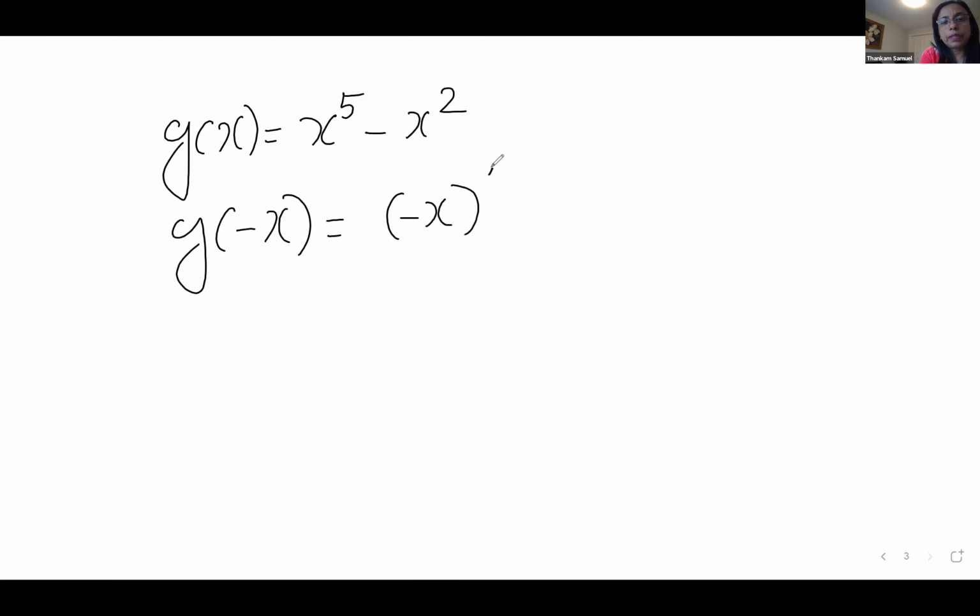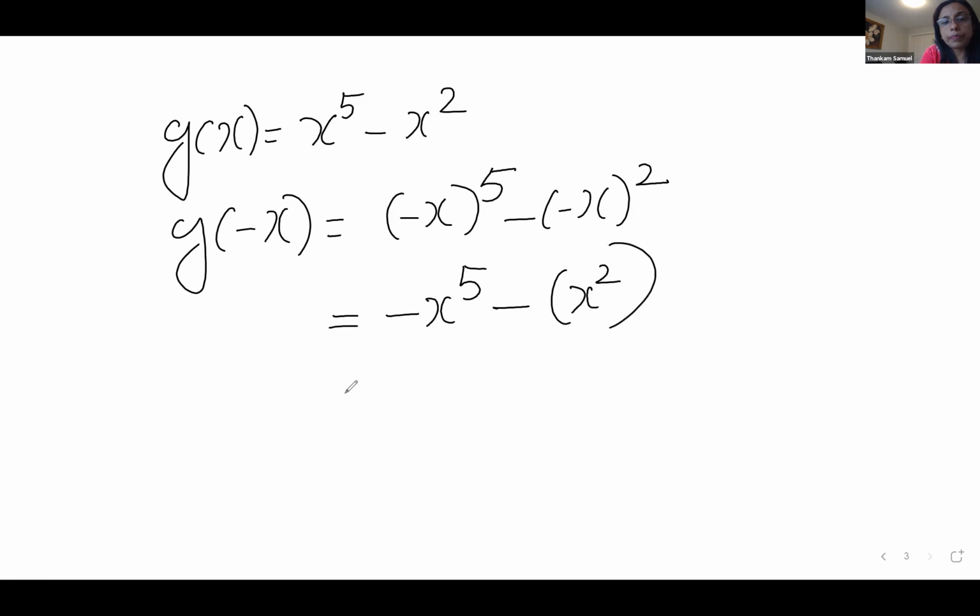Negative x, the whole quantity to the 5th power, minus negative x, the whole quantity squared. So we know that this is like 5 factors of negative x. So that will give you negative x to the 5th, and minus, this is negative x, the whole quantity squared, that is like x squared. So negative x to the 5th minus x squared.